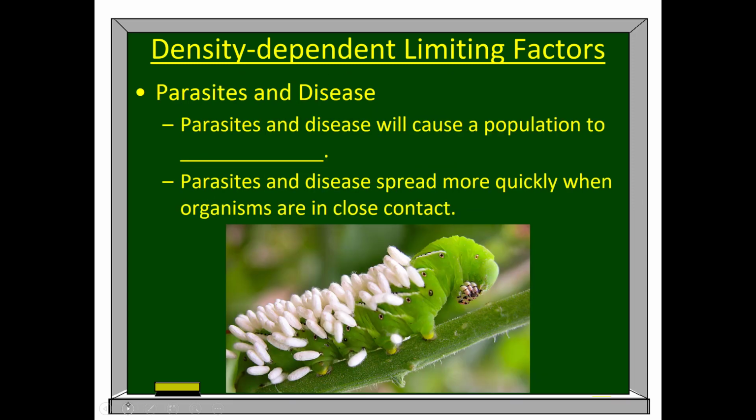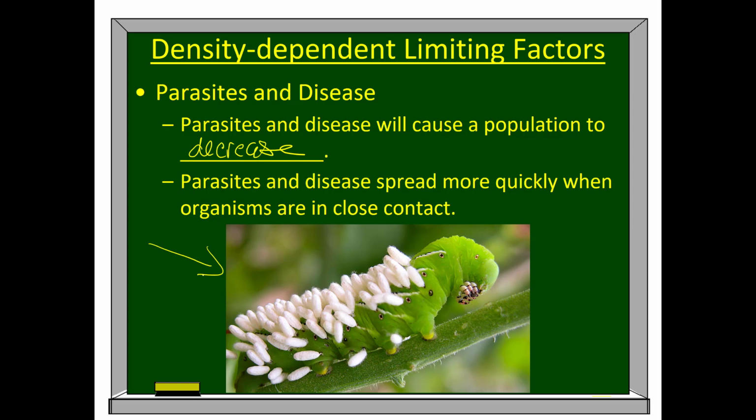Now, another density-dependent factor is parasites. Parasites and disease will cause a population to decrease. A parasite is anything that can take on another organism and suck all of the nutrients out of it. So this is an example of a caterpillar that has been infested by a parasitic wasp.